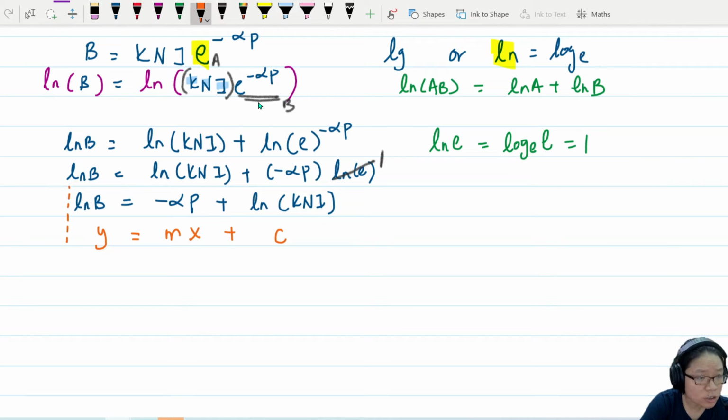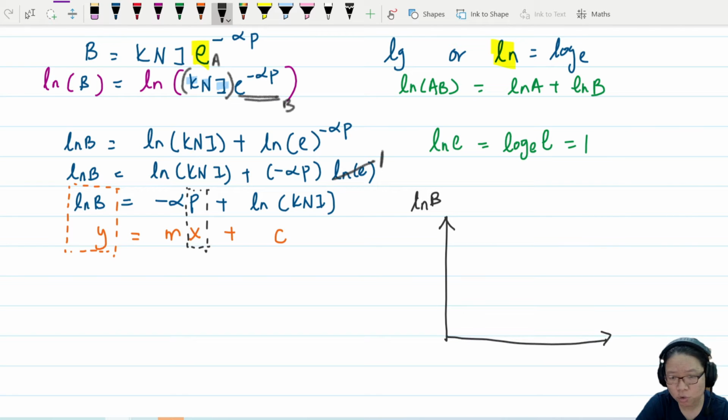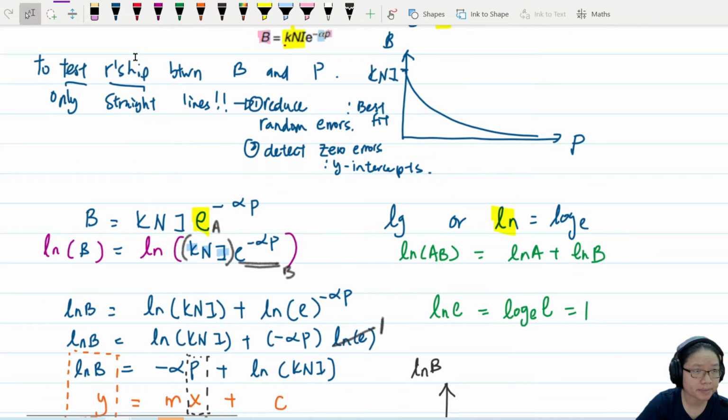So this should be your y-axis. Okay, come, let's draw and label together. This is ln B. Okay, we have y. What about x? Well, it fits perfectly. This x will be your p. Okay, before I continue, we can go back to the question and double check.